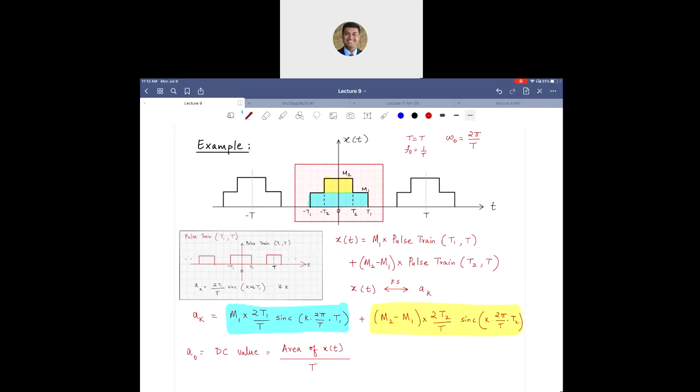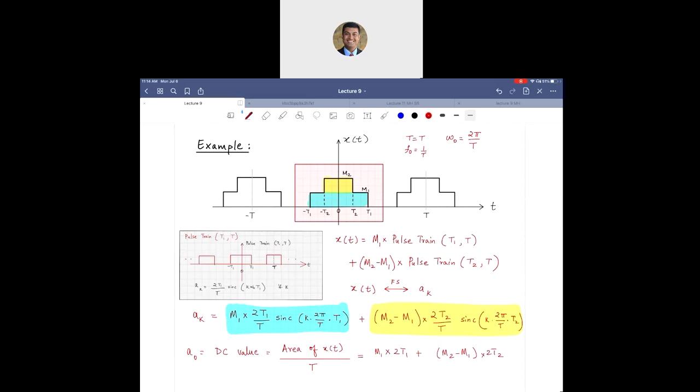What is that going to be? Well, if you calculate that out, for the blue rectangle, you have m1 multiplied by 2t1, that's the blue rectangle, plus m2 minus m1 multiplied by 2t2, that's for the yellow rectangle, that's the area.